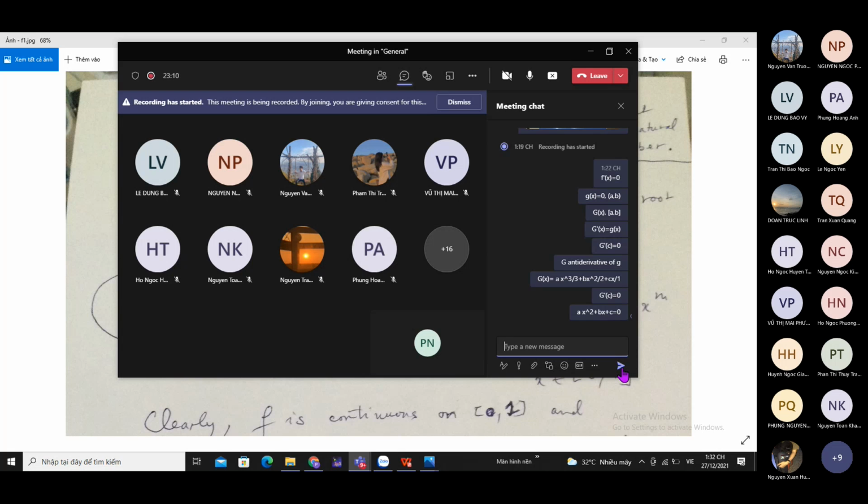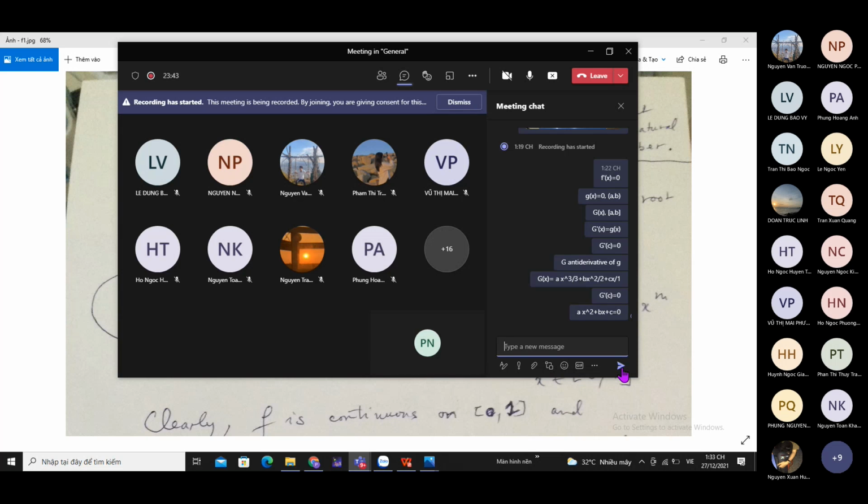Okay. Now, all we have to do here is check whether the function capital G given by ax cubed over 3 plus bx squared over 2 plus cx satisfies all conditions of Rolle's theorem or not. The function G is a polynomial. Polynomials are very nice functions: continuous everywhere, differentiable everywhere.